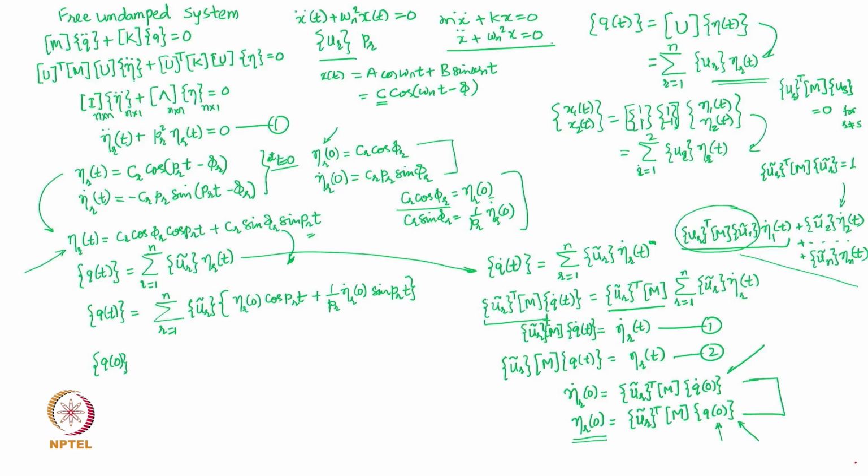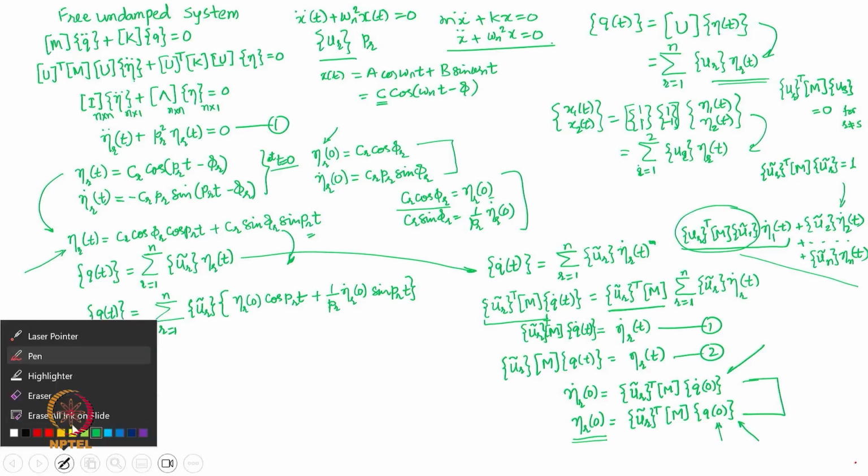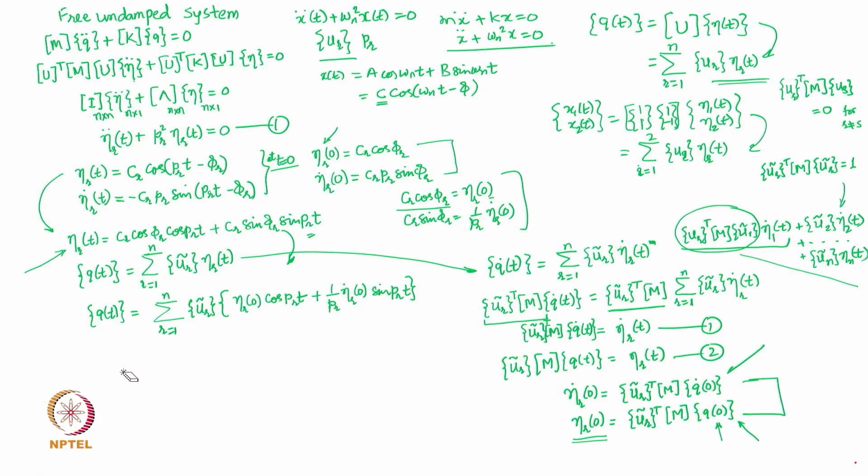So now let us get back to this equation. We have q of t ready with eta r naught and eta r naught dot getting replaced by the corresponding equations.